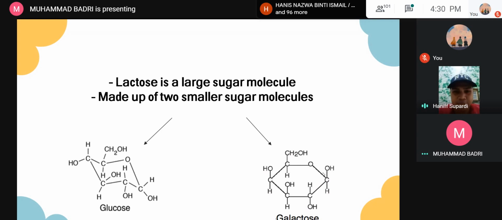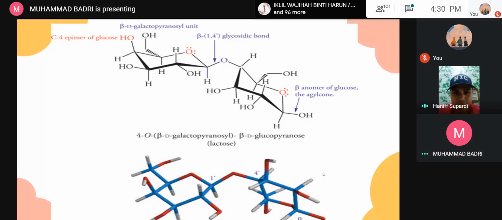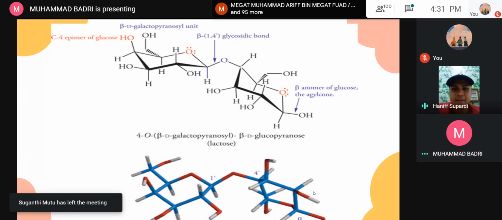Next, the structure. On the left side is galactose, the C4 epimer of glucose, a beta-D-galactopyranosyl unit, and the right side is the glucose part, which has the beta anomer of glucose, the D-glucose aglycone.